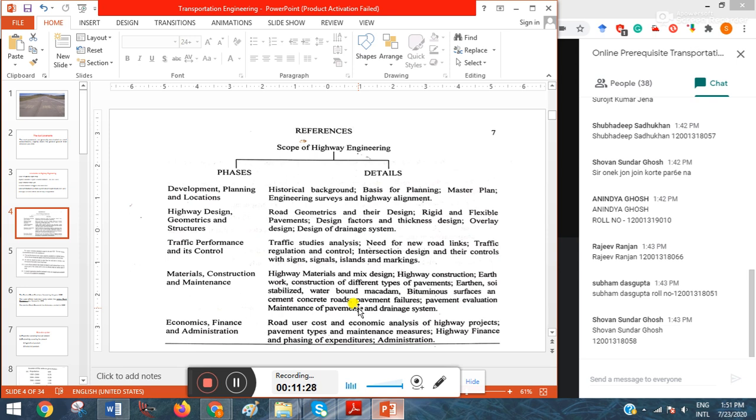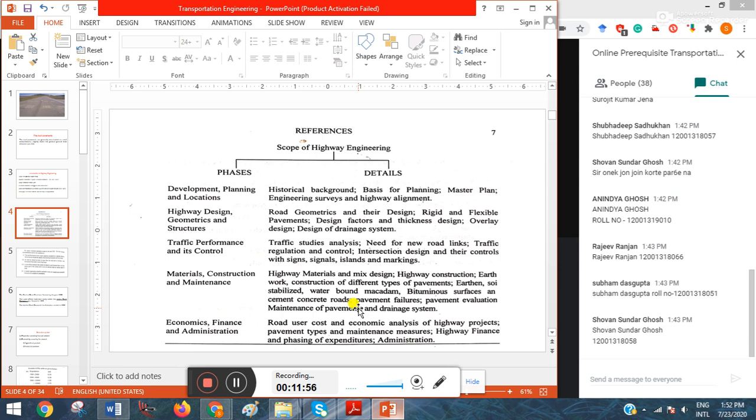Traffic studies and analysis, need for new road links, traffic regulation and control, intersection design and their controls with signs, signals, islands and markings. You should write these things, but I will give this material to you so you can get it from the material. Under materials, construction and maintenance: highway materials and mix design, which is important.